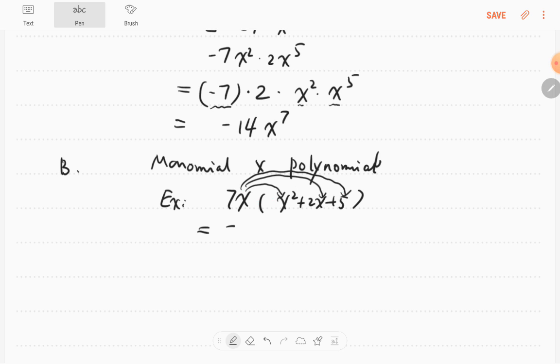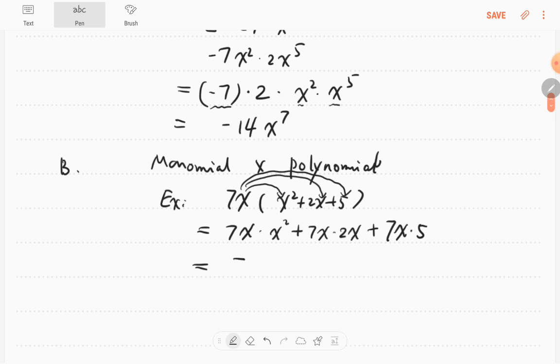So let's do the first term first. So 7x should times x squared first. Then copy the sign here. It's plus, right? And the 7x should apply to the second term, times 2x. And 7x should apply to the last one, 5.